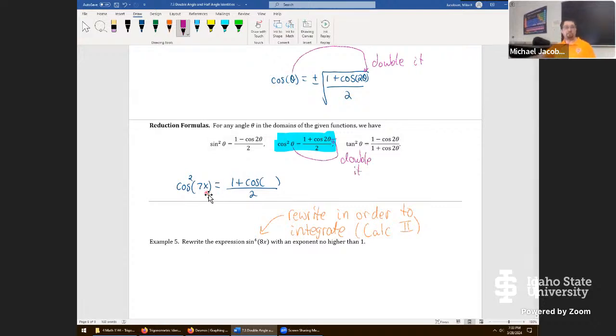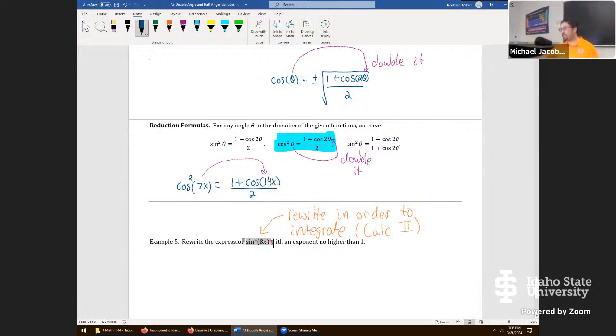And so back onto this one, you'll take the 7x and drop in 14x. So when we go to use a reduction formula, the power goes down. That's the reduction part. But the input to the cosine starts to get larger. We're doubling that every single time you use the formula. So that's our warm-up of the formula.